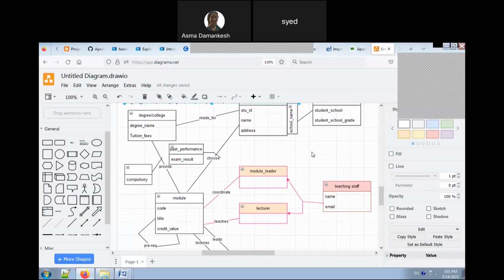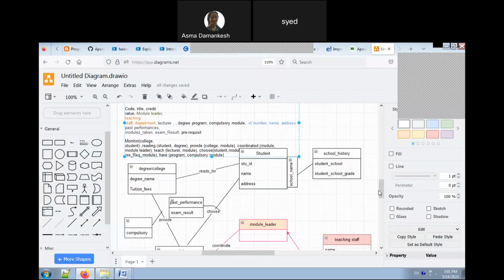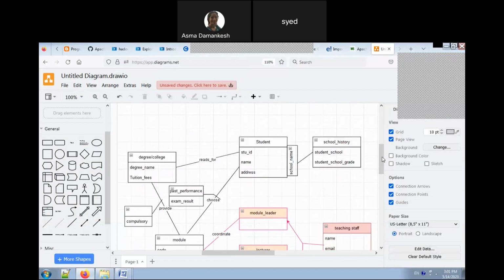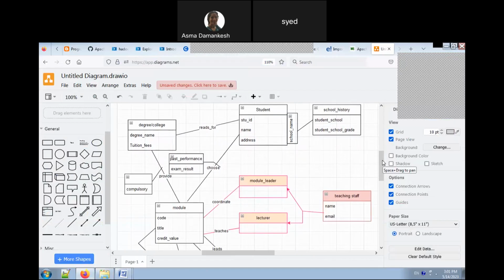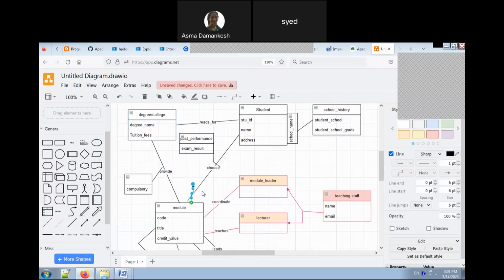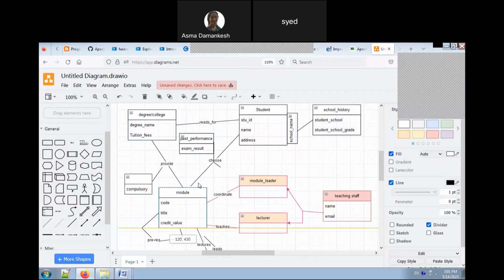Okay. Let me see how we can do that. I can remove this. Move things around a little bit. This up.